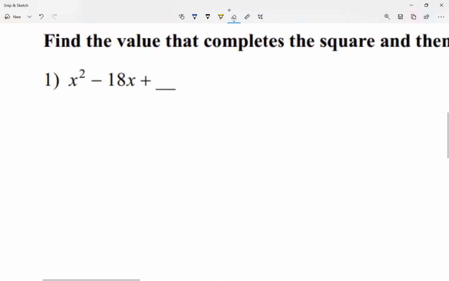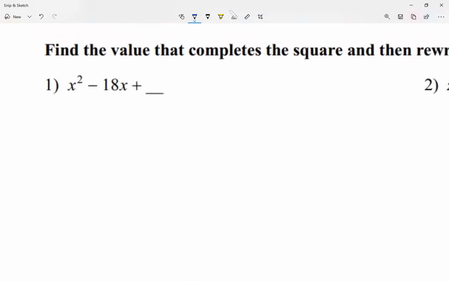First, my leading coefficient, the number at the very front, should be a 1, which it is. Second, I look at this number in the center, negative 18, and think of what half of negative 18 is. The half of that is negative 9.